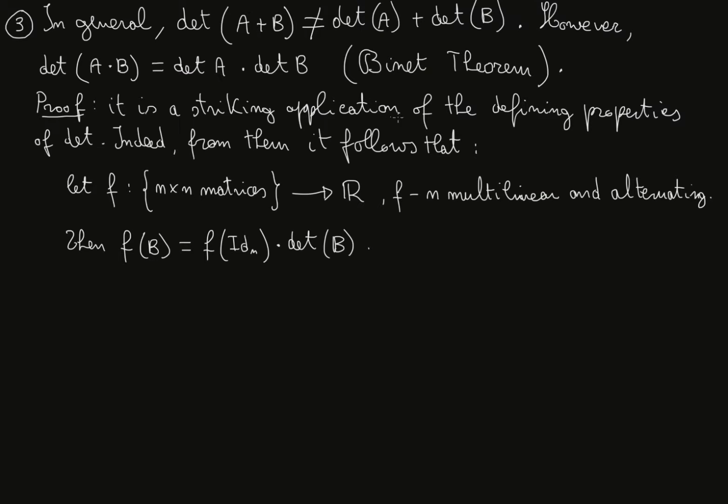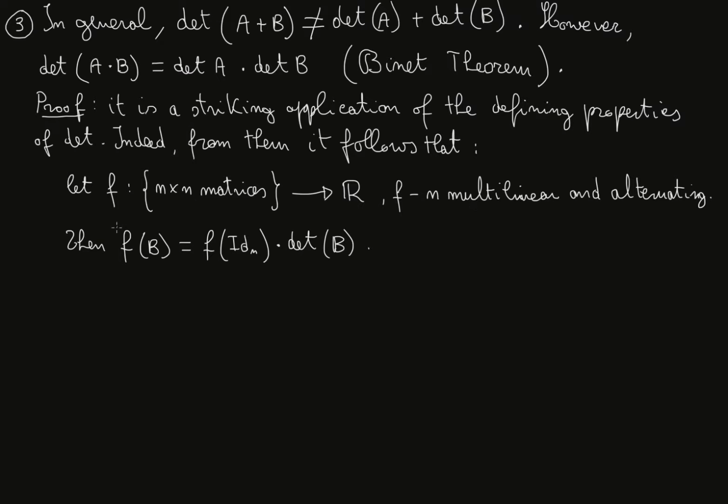From the fact that these three properties, alternating, multilinear, and the determinant of the identity matrix being 1, we can derive the following. Suppose we have any function f from the set of n by n matrices to R, and this function f is n-multilinear and alternating. So just the first two properties hold.